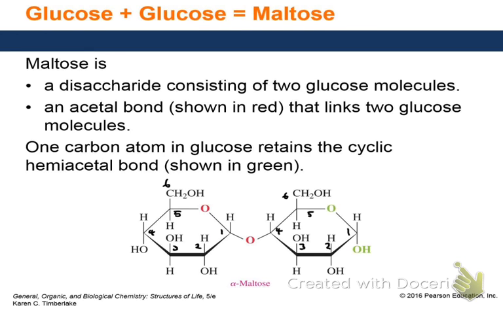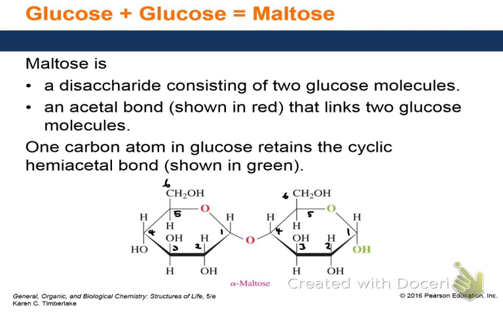What carbons link maltose together? The 1 and the 4, right? So if you actually wanted to make this longer, you could see this is the number 4 carbon on this one, right? It has an OH group. You could attach it and make the acetal of this one too.